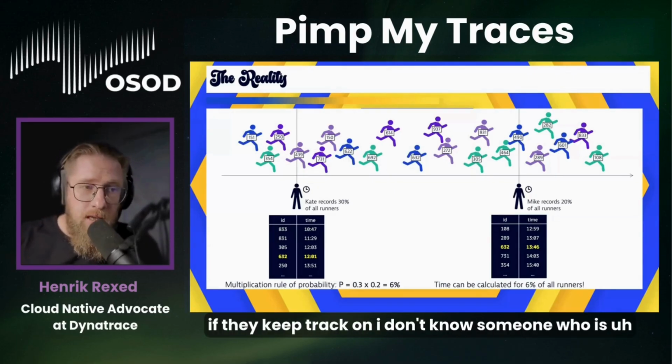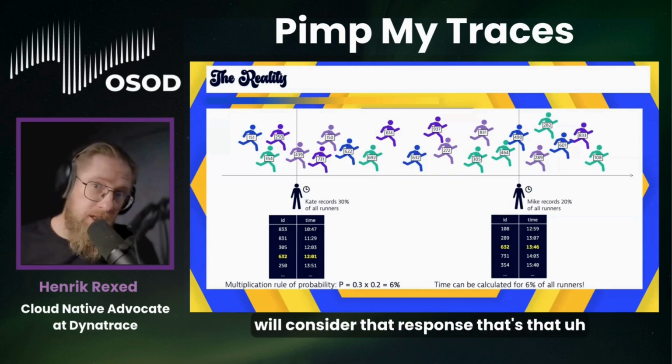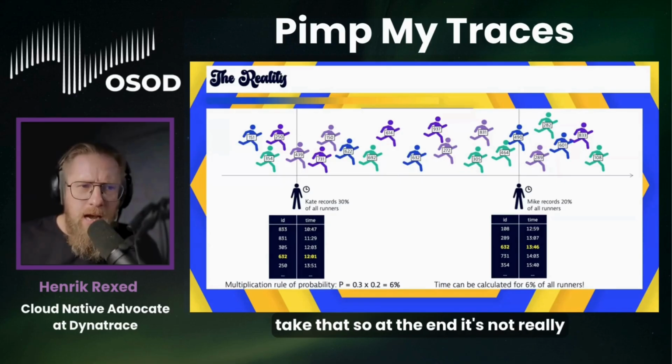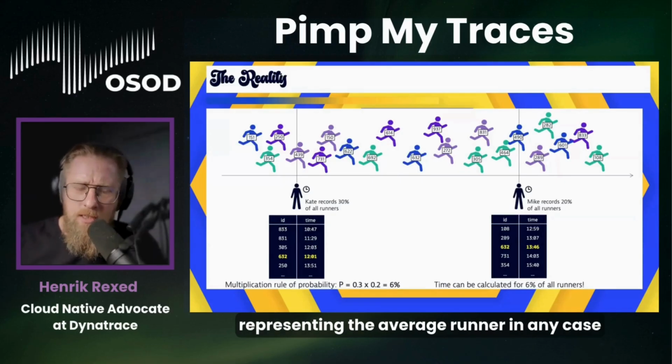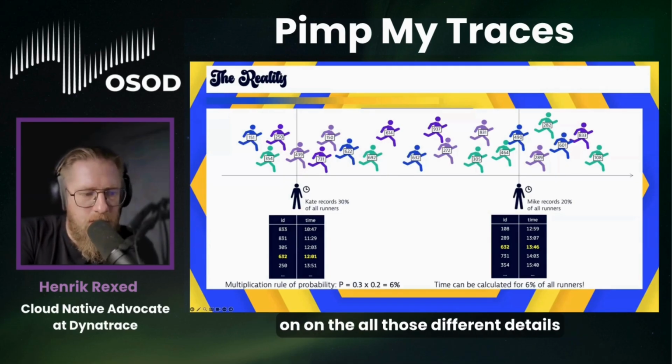So if they keep track of, I don't know, someone who has an injury, then we will consider that record. Or if it's a professional, we will take that. So at the end, it's not really representing the average runner in any case. It's very difficult, and we don't keep track of all those different details.